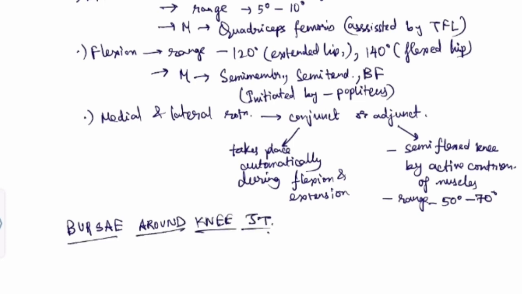I tried finding a photo of the bursa around the knee joint, but I was not able to find one in the books. Let me just check if one is available on the net. Yes, few are available. So let me bring them down for you.